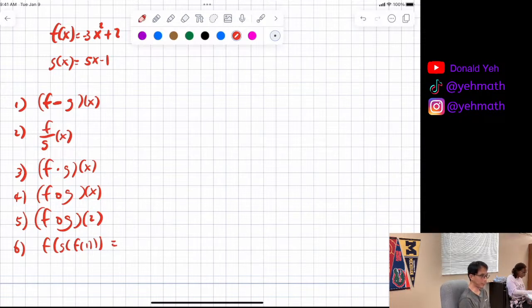First, f minus g of x. Second, f over g of x. Make sure you write down the restrictions. Third thing is f dot g. The fourth thing is f of g of x. Fifth is f of g of 2. And last is f of g of f of 1.